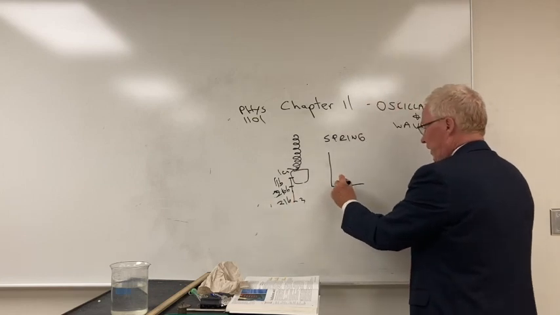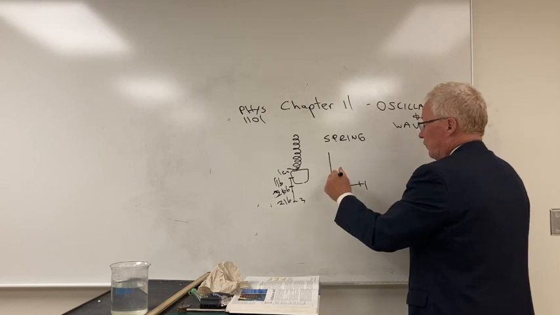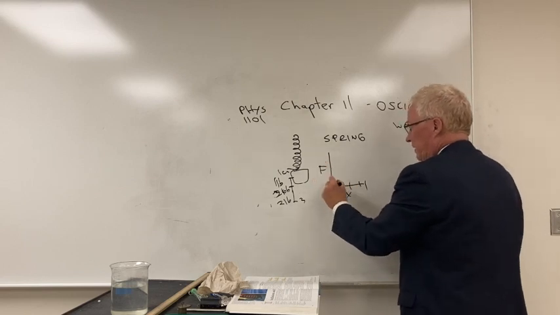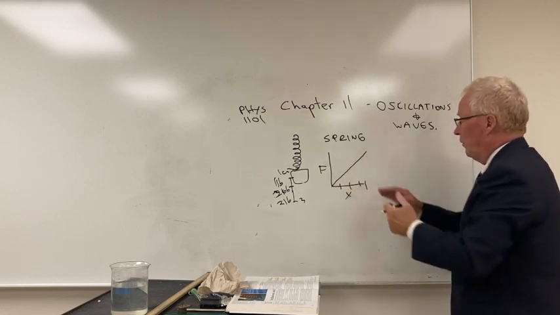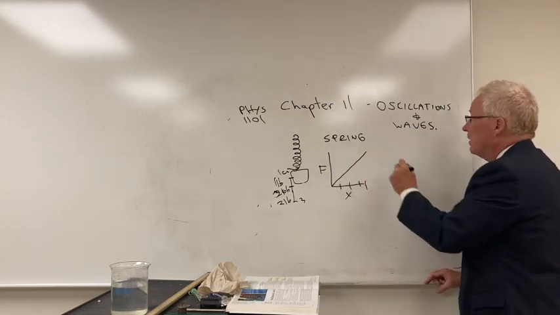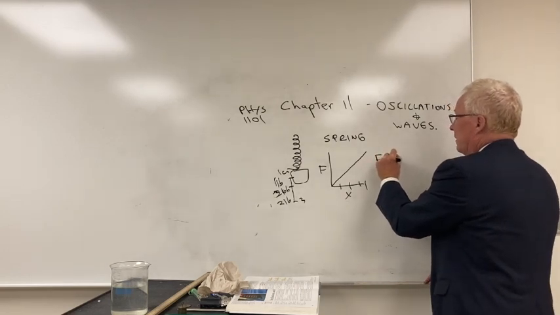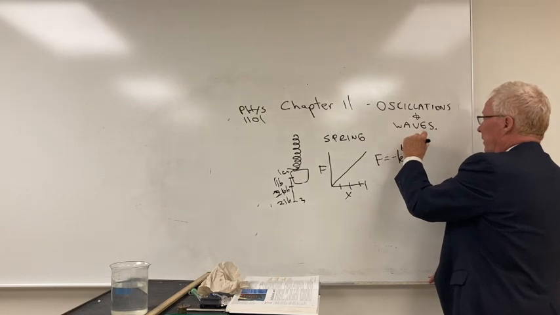And if we write the graph of extension, so x versus force or weight, you're going to have a graph like this, which is linear. The force is linear with the distance exerted, and this force is given by minus kx, where k is the spring constant.